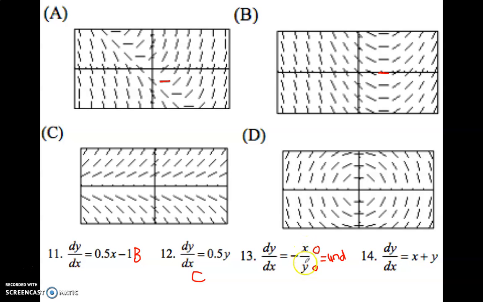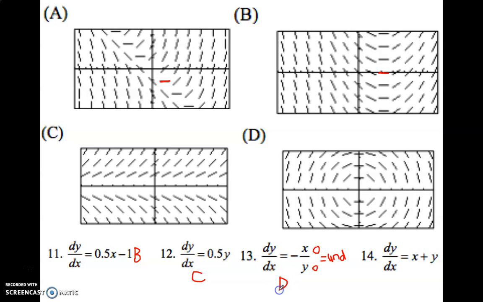It's going to be a positive 1. So at 1, negative 1, I would have a slope of 1. And right here, the slope is 0. So 13 must not go with A. Therefore, D must be letter 13.